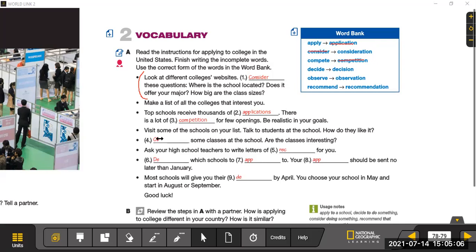Observe. Okay. ¿Quién fue que me dijo la number 2 and 3? Okay, I'm sorry. And Jennifer, tell me the number 5 and 6.